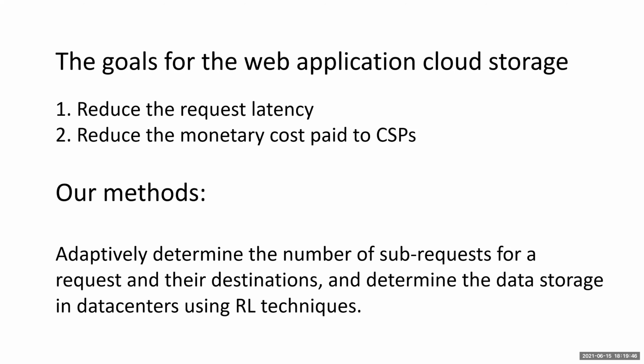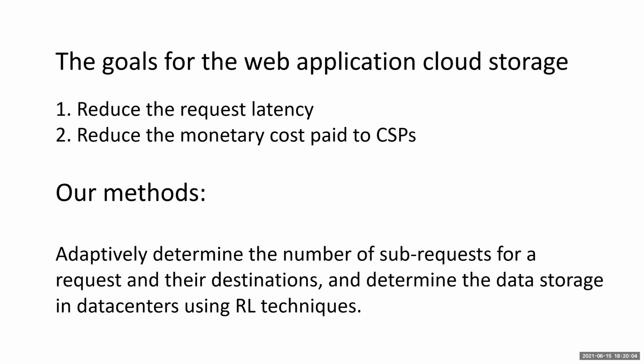According to our introduction, we know that there are two goals for web applications on cloud storage. The first one is to reduce the request latency. The second one is to reduce the monetary cost paid to the cloud service providers.